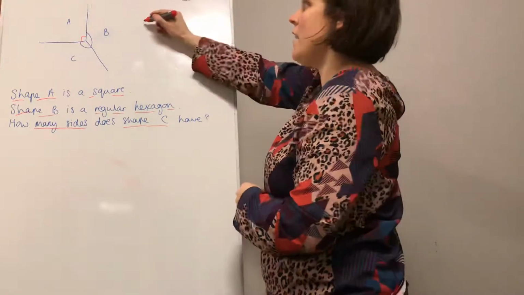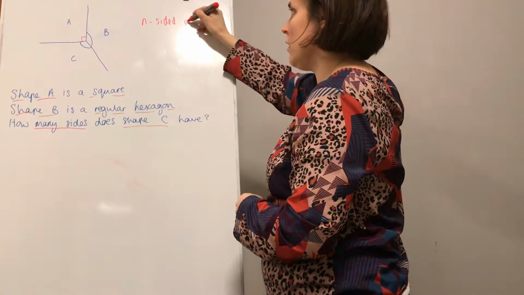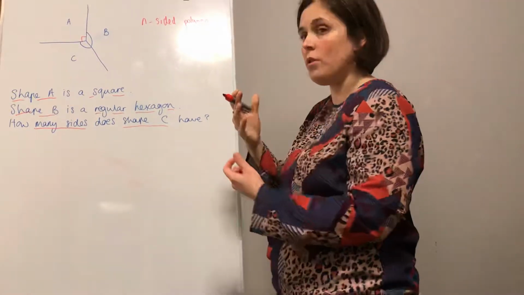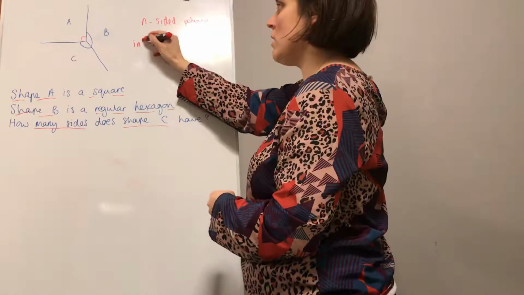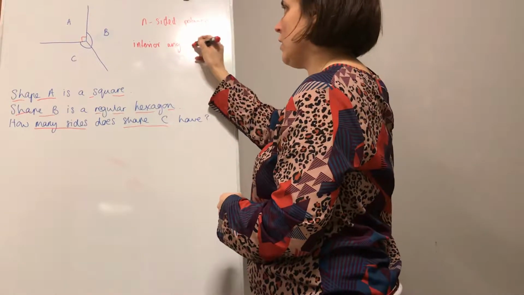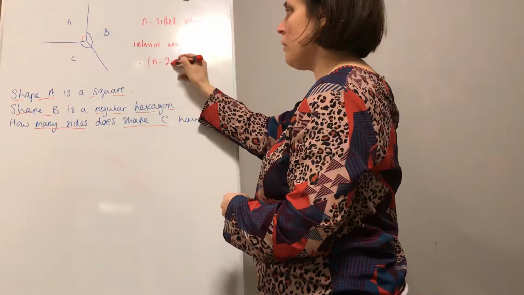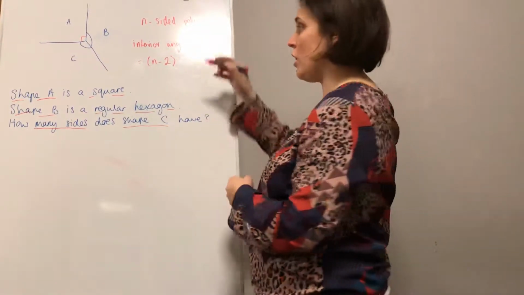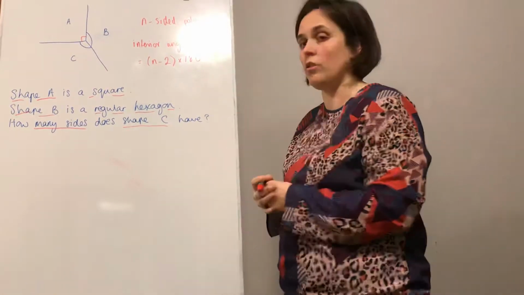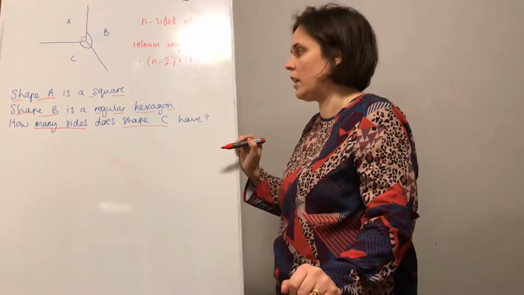For any n-sided polygon, the total of the interior angles is equal to the number of sides, subtract 2, and you multiply that by 180 degrees. So that is a fact that you need to know, okay?